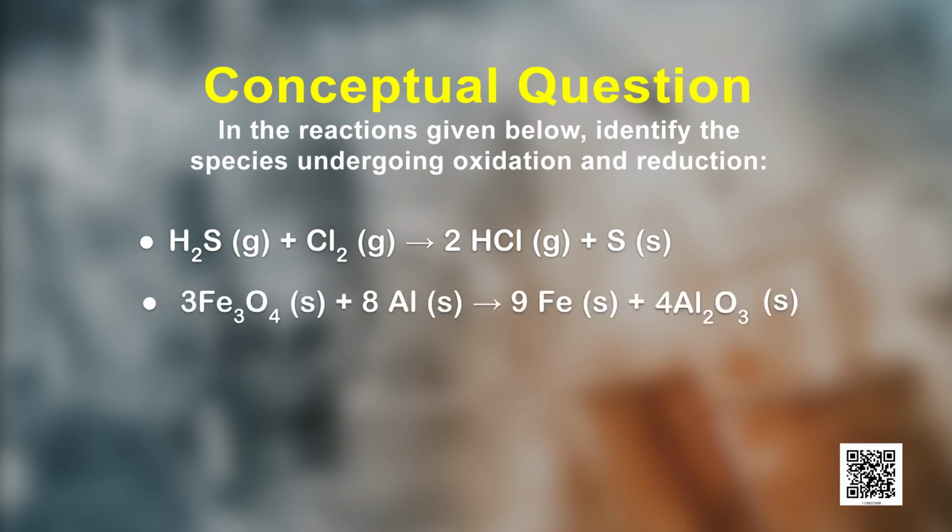In second reaction, aluminium is oxidized because oxygen is added to it. Iron 2,3 oxide, that is Fe3O4, is reduced because oxygen has been removed from it. In third reaction, we may infer with the careful application of the concept of electronegativity only that sodium is oxidized and hydrogen is reduced.